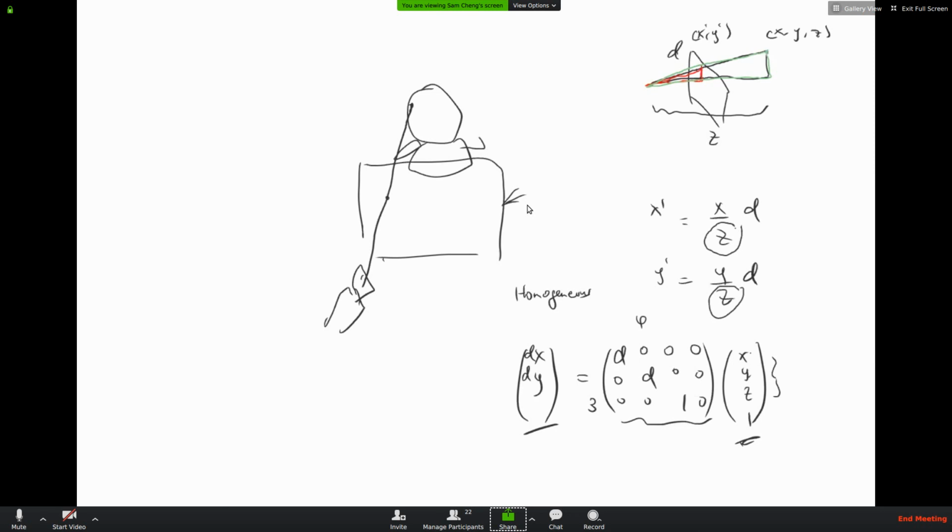And the third one will be just z. Of course, as I said, the scaling doesn't matter. This is actually equal to dx over z, dy over z, and 1. And therefore this is actually referring to the actual Euclidean coordinates dx over z and dy over z.